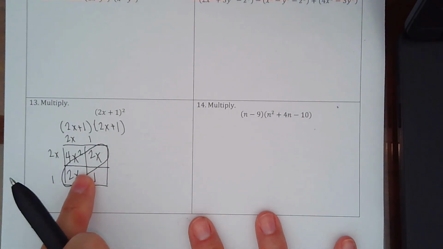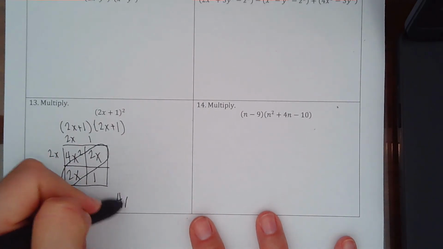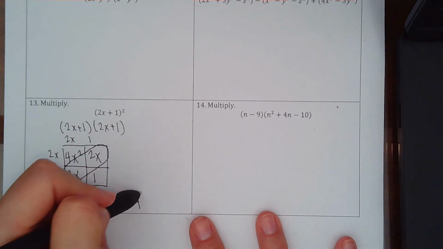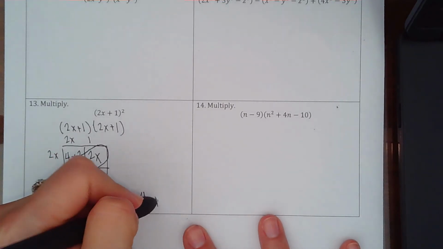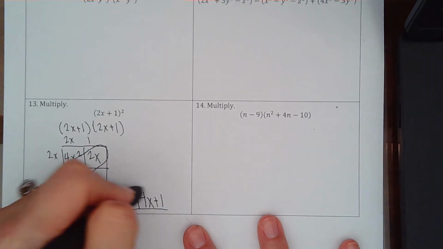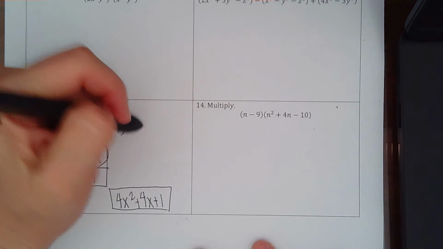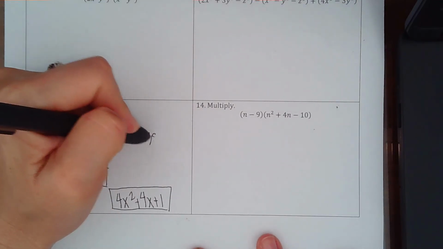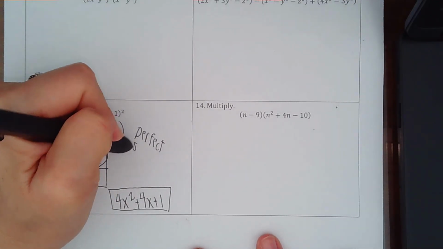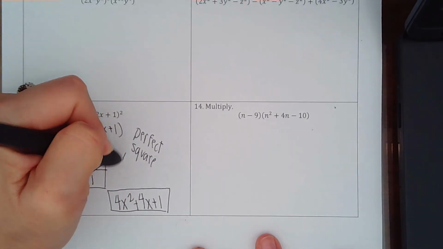And I would see, oh gosh, I can combine those two terms, so it would be 4x squared plus 4x plus 1. All right, we're going to talk about later. This is going to be a perfect square trinomial.